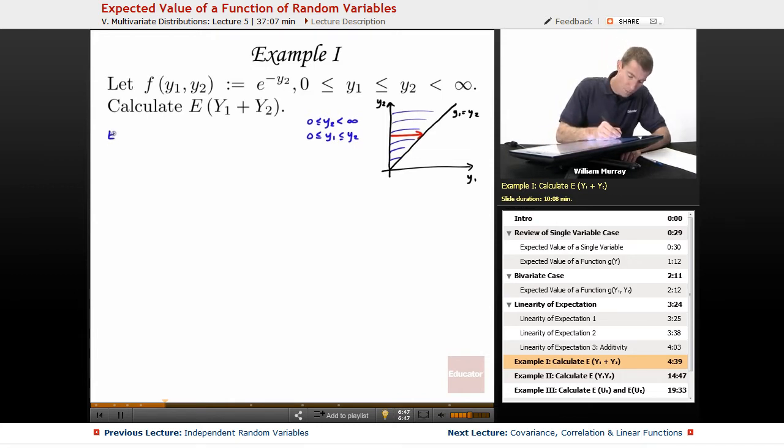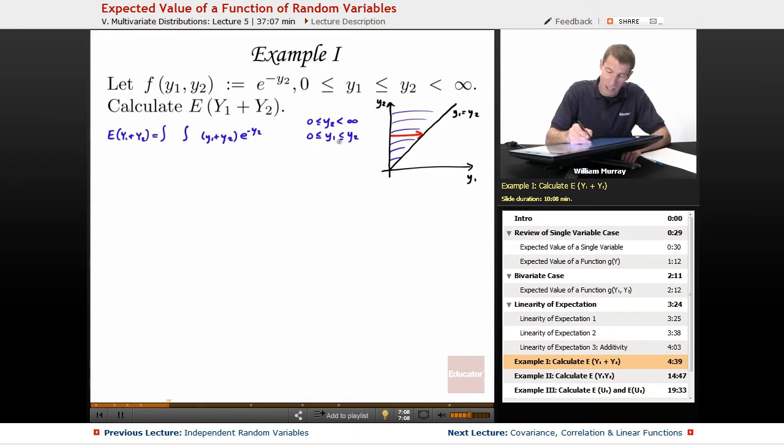So this expected value of y1 plus y2 is equal to the double integral, I'll fill in the limits in a second, of y1 plus y2 times the joint density function, the f of y1, y2, which is e to the negative y2. And now let me fill in the limits on the integral. y2 goes from 0 to infinity. y2 equals 0 to y2.